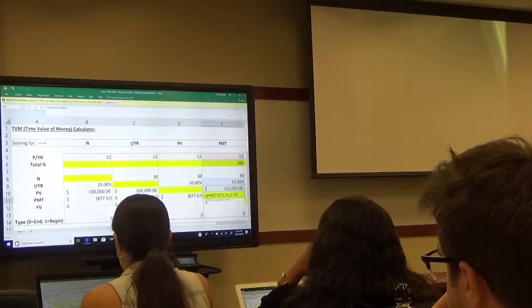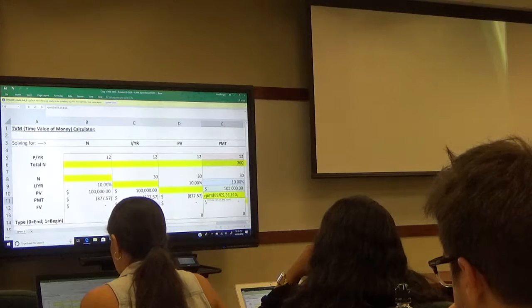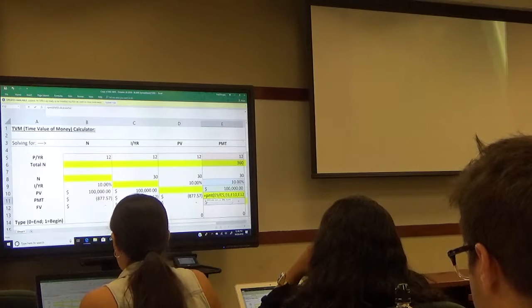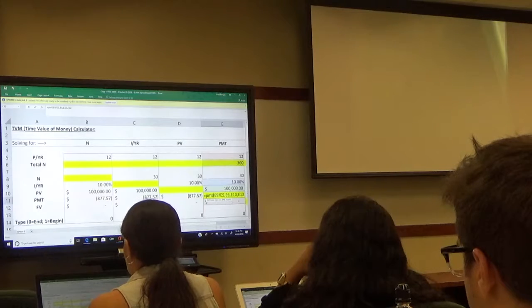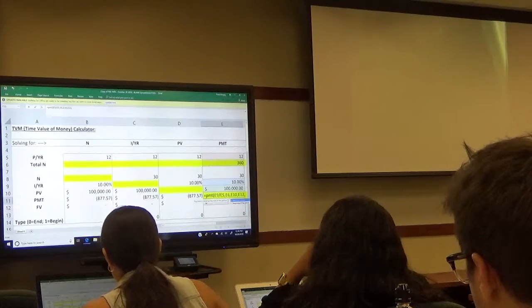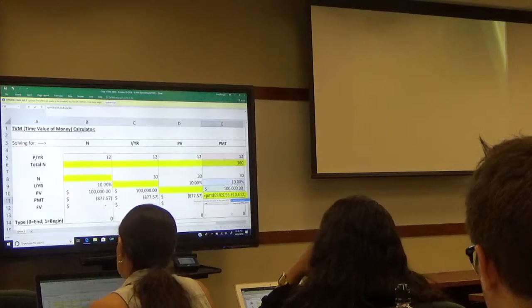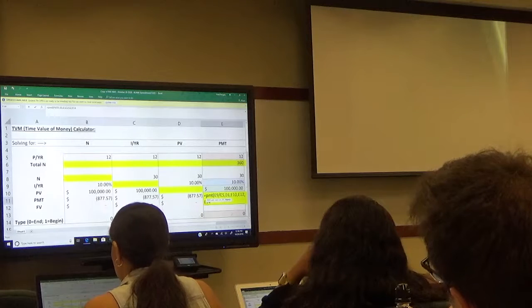All right, and then comma. Now then the future value is 0, but we're going to go ahead and include that particular cell reference, which is cell E12. Okay. And then comma again. And then for the type, we're going to select cell E14.